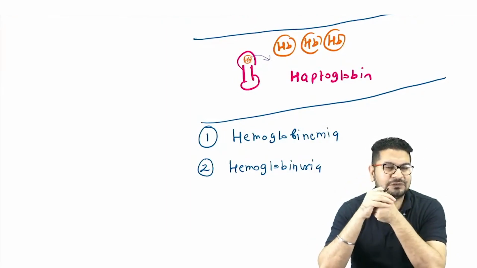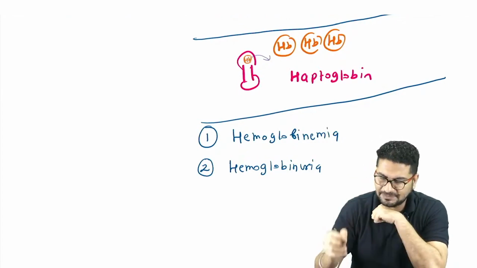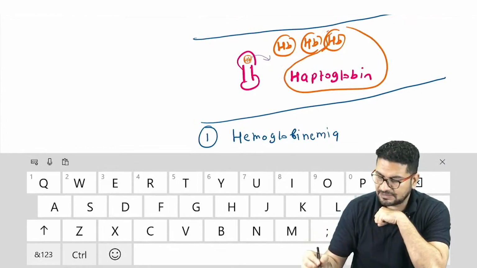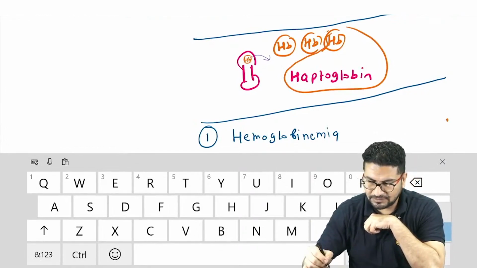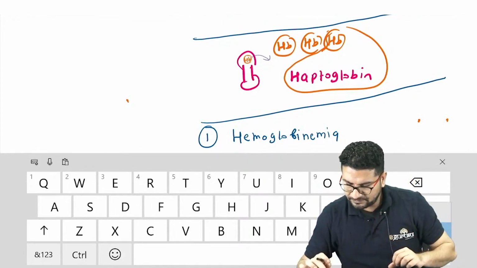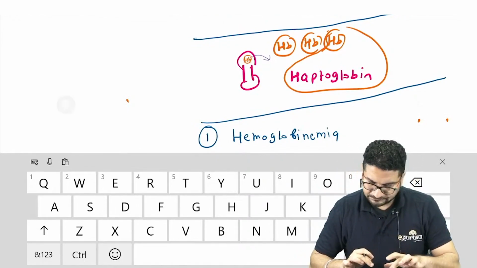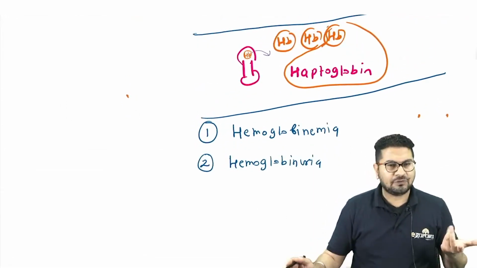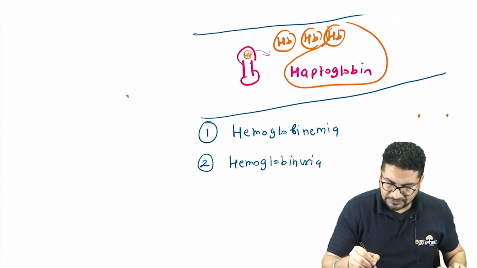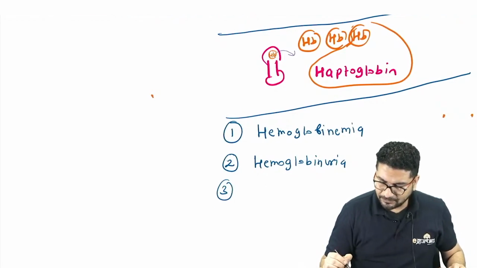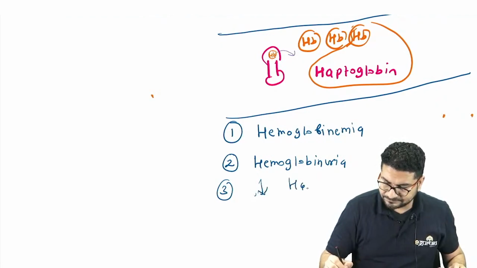Let me say we have one haptoglobin for one hemoglobin. But now there is a lot of hemoglobin, a lot of RBCs dying, so haptoglobin is not sufficient. Haptoglobin levels are not enough. When haptoglobin levels are not enough, we call this decreased haptoglobin.